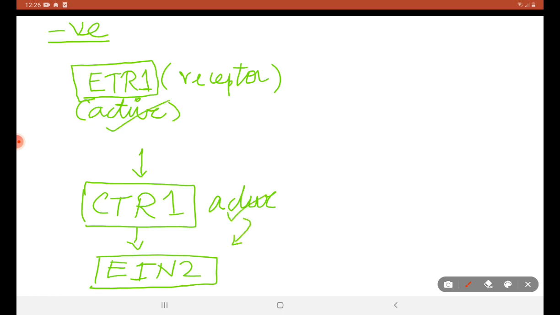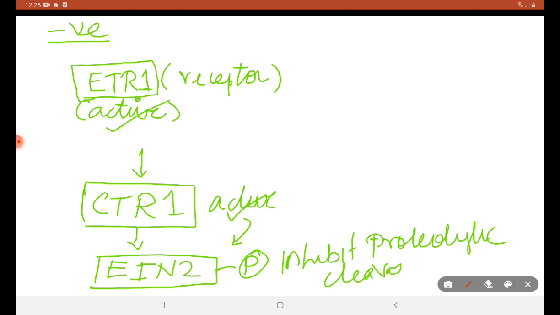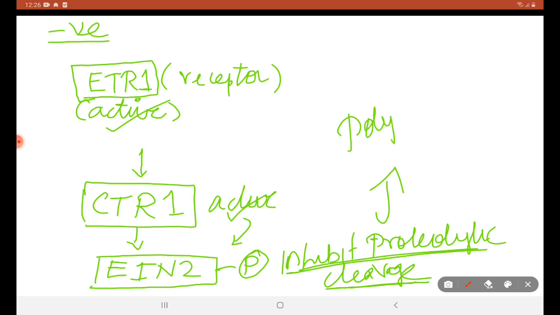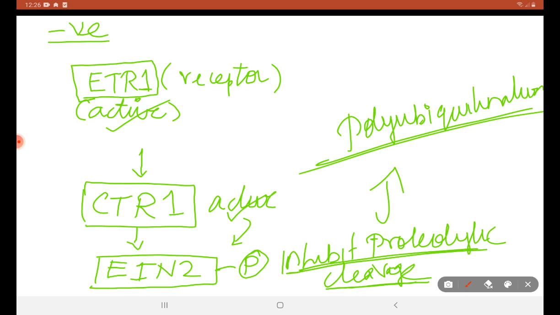This leads to phosphorylation and inhibits proteolytic cleavage and fragment migration into the nucleus, which leads to polyubiquitination and proteasomal degradation of EIN3.